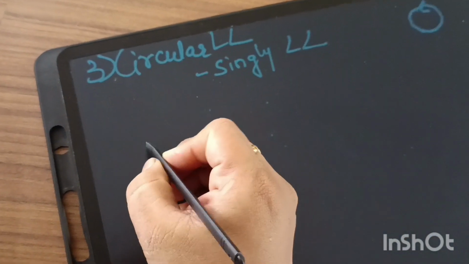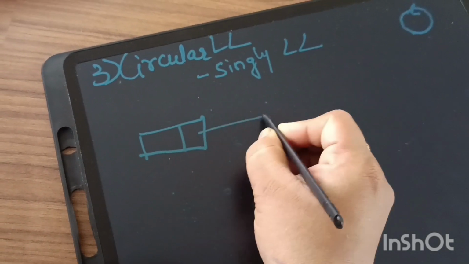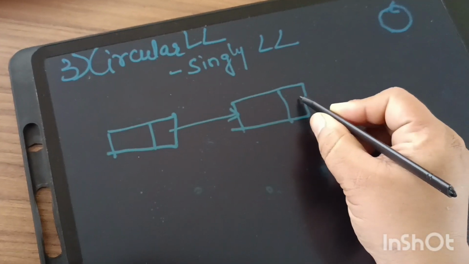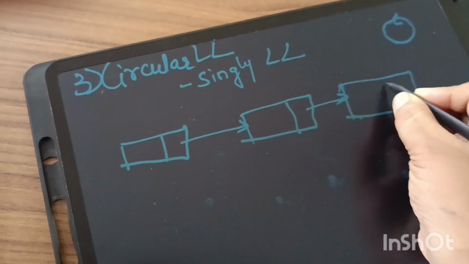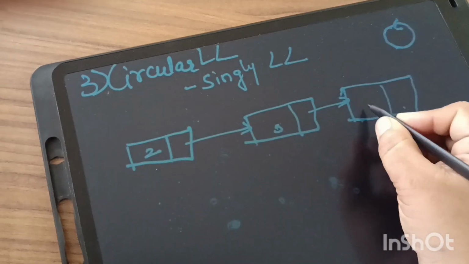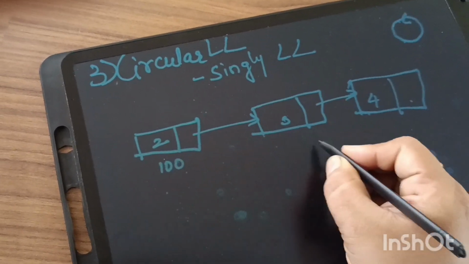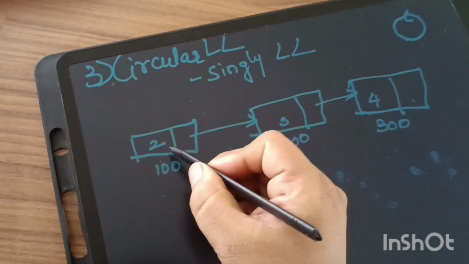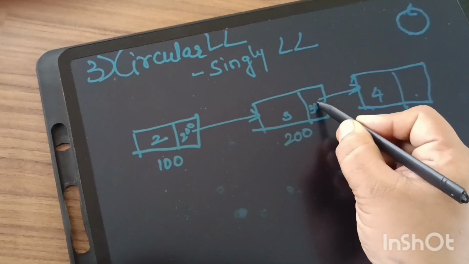If we want to do this, I can write it like this. If I consider this as the last node, 2, 3, 4, with addresses 100, 200, 300. 100 will contain the address of the next node, 200. That will contain the address of the next node, 300.